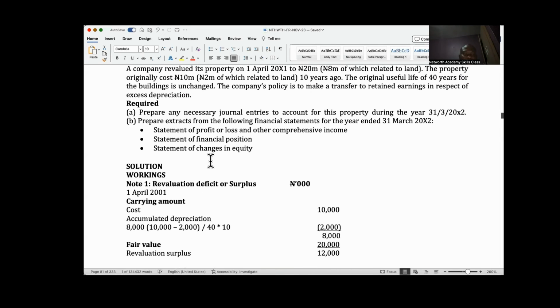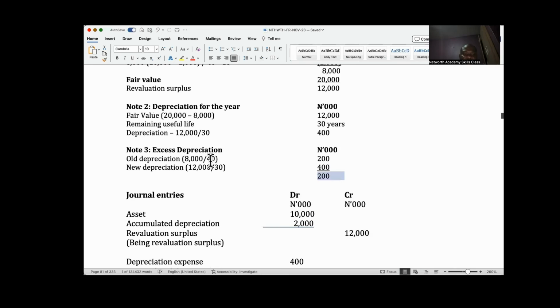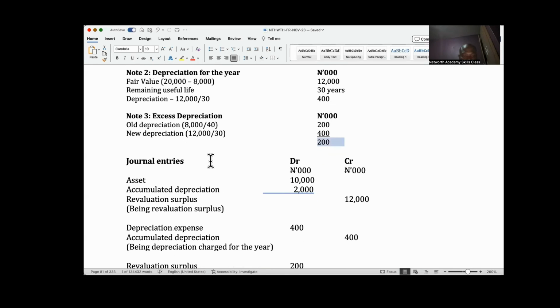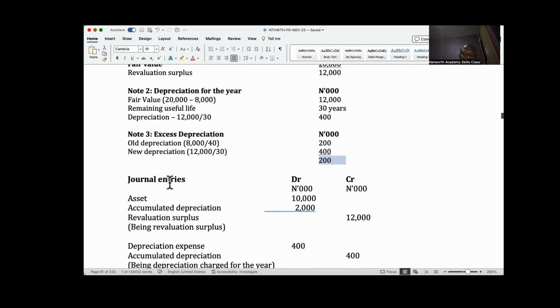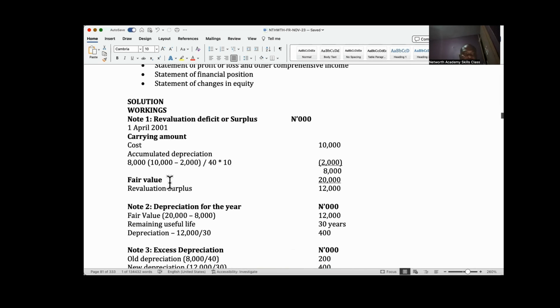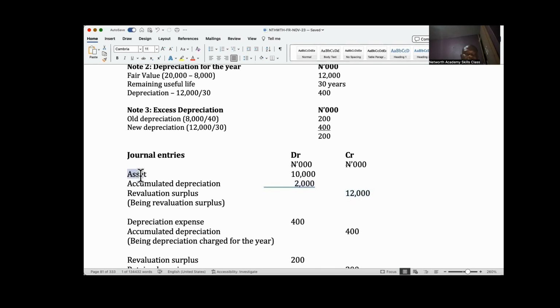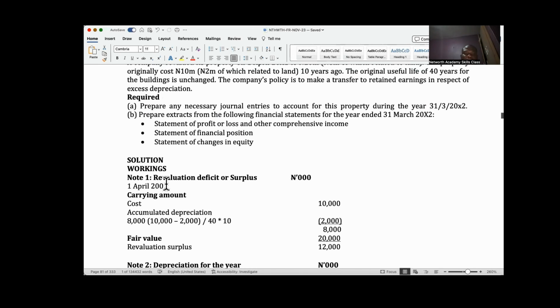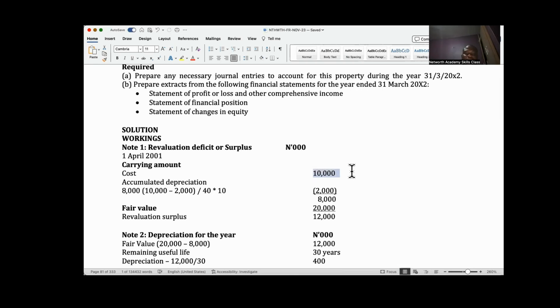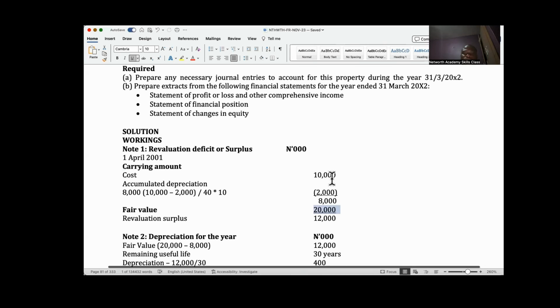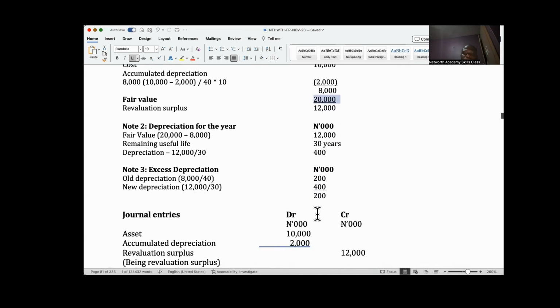So my journal entries for all this we have done, let me start with my revaluation. First, I had a surplus of 12,000, so that goes to credit, 12,000. My asset, since the cost was initially 10,000 and now I need to update it to 20,000, means I need to increase it by 10,000.